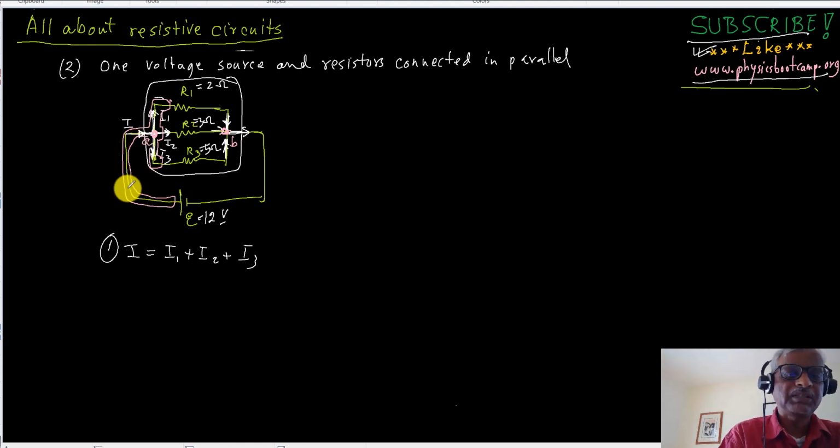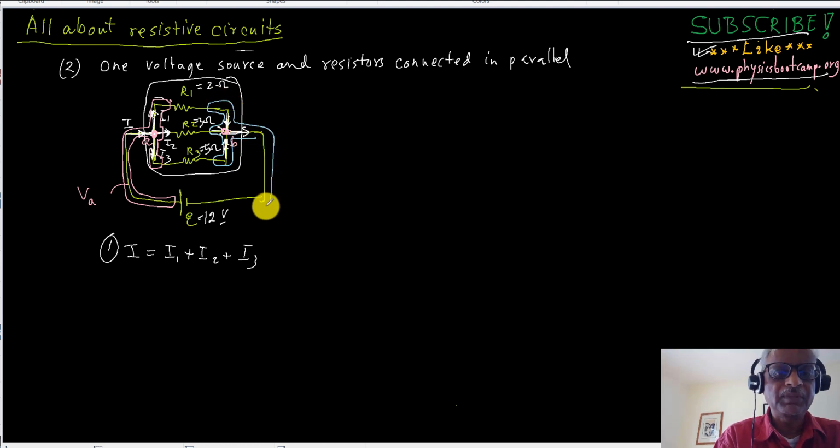So they all have potential VA. On the other side of these, this is important for you to understand. All of this, the resistance here is already included in these values, and you can consider the resistance to be 0.